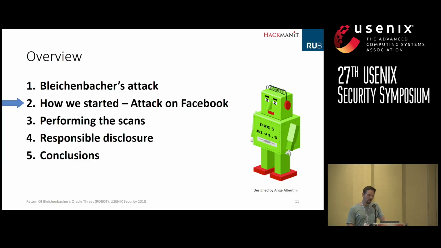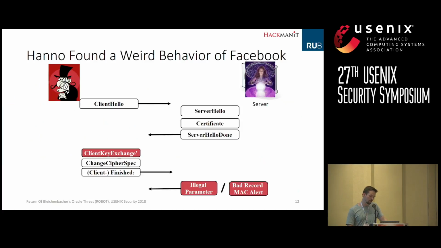Okay, so how did the research start? About one year ago, Hanno approached me and said that he performed some initial scans of several hosts, and he found a weird behavior of the Facebook server.